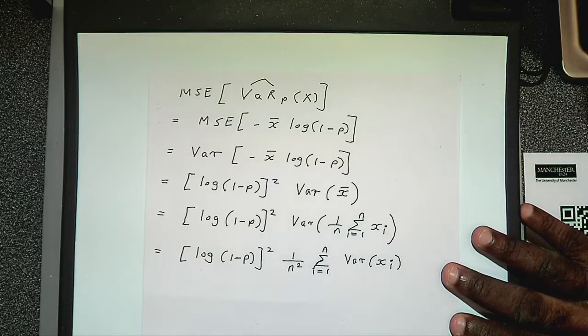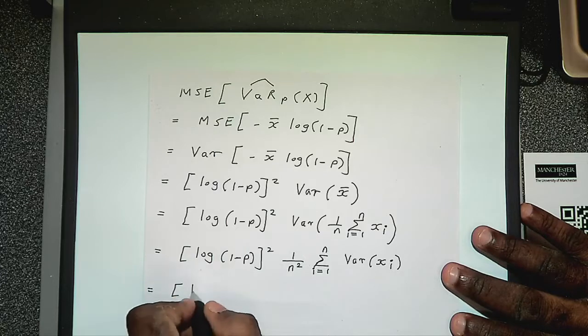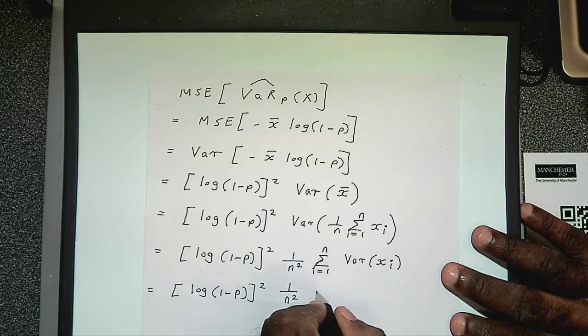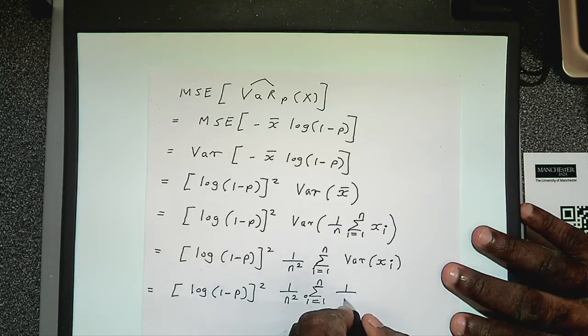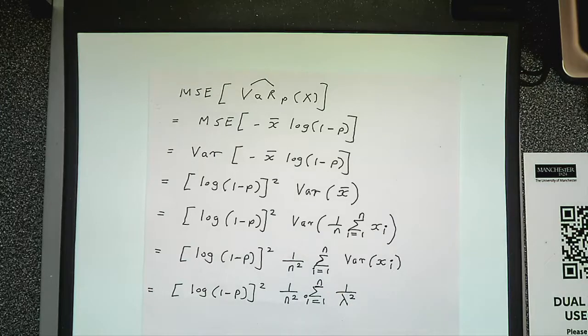Now, once again, the variance of an exponential random variable, you should remember what that is. Is this 1 over lambda squared, right? Okay.